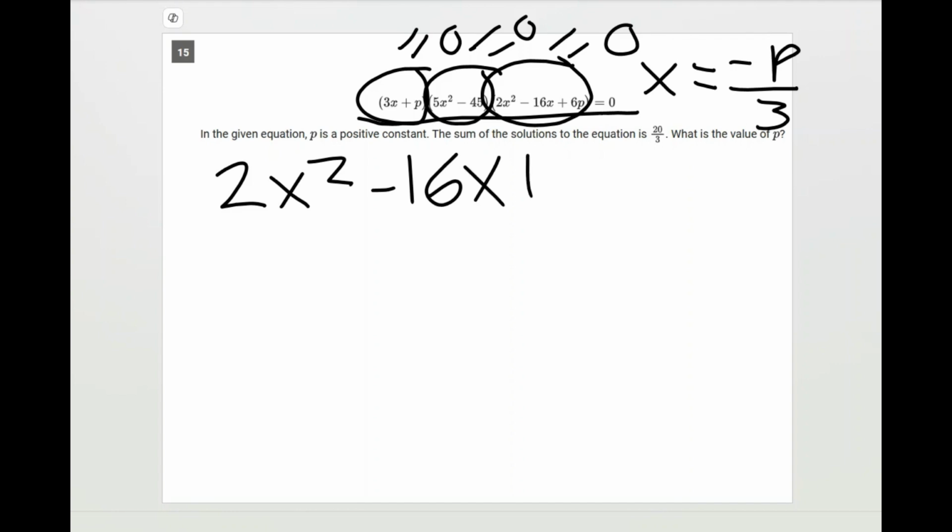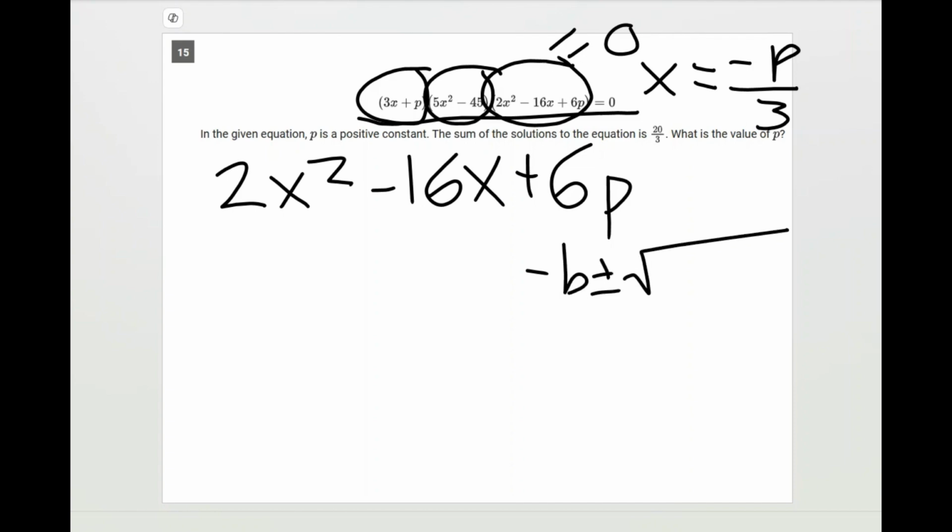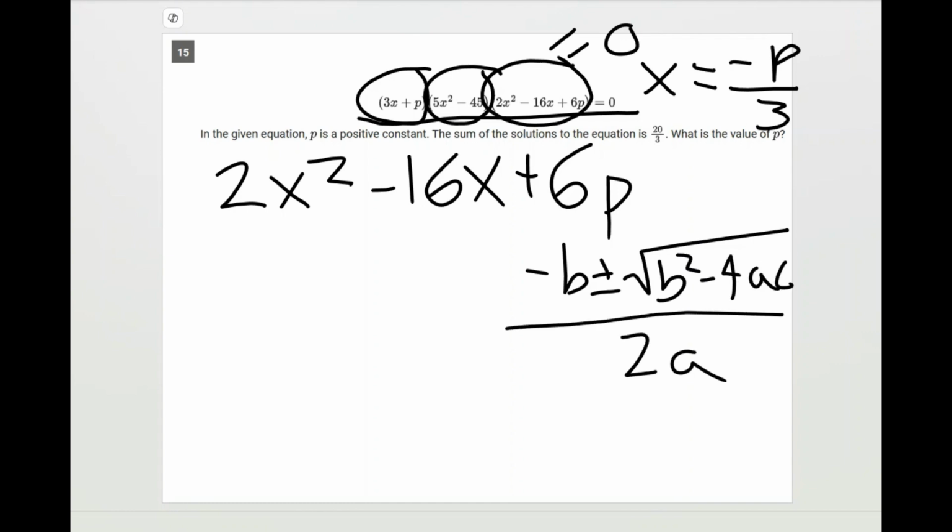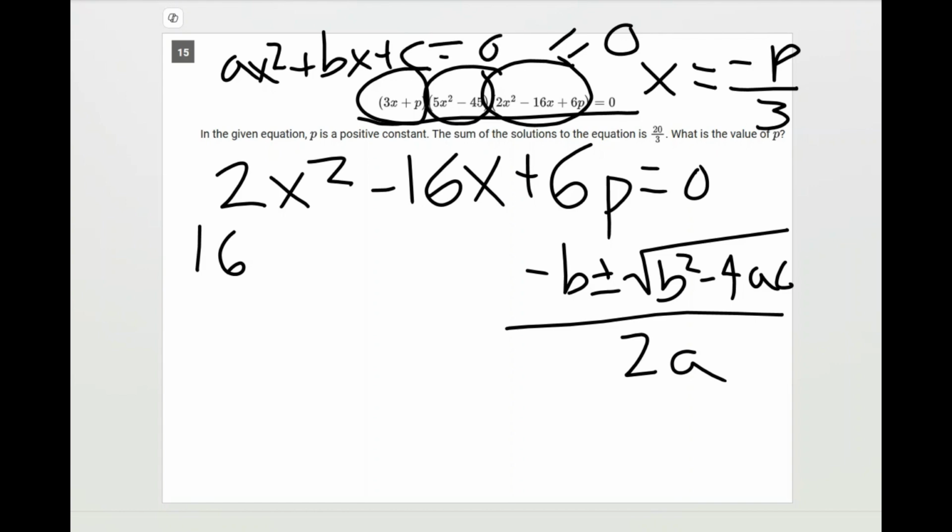So in order to do this, you're going to use the quadratic formula, which states that negative b plus or minus square root of b squared minus 4ac, divided by 2a, is what x is going to be equal to if you set this whole problem equal to 0. So let's solve using that formula. So b is going to be 16, and that follows this equation up here, where those are all the constants.